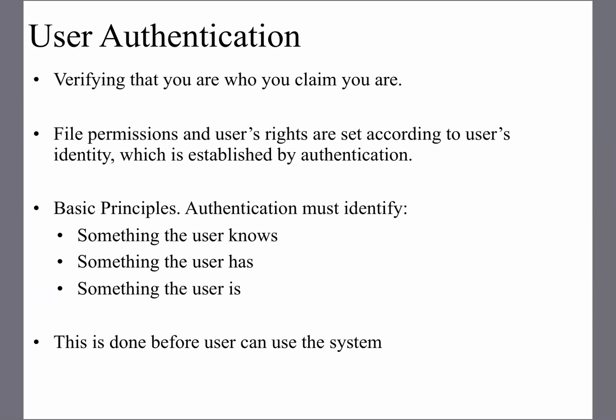So in any of these security mechanisms, whether you're trying to implement confidentiality, integrity, or availability, you need a user authentication mechanism. If users are trying to access a system, you want to verify that the user is who they claim they are.